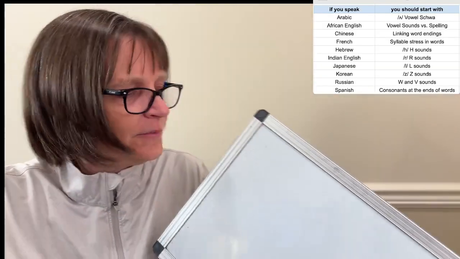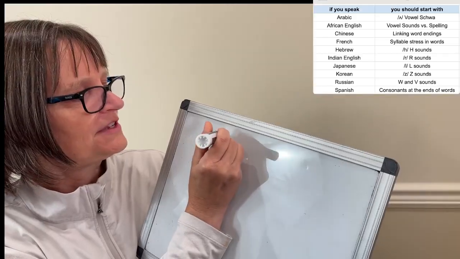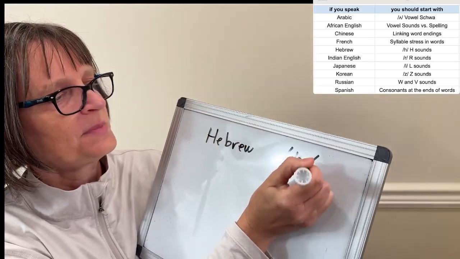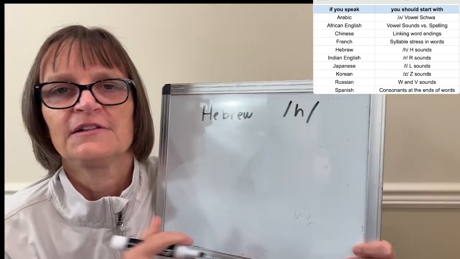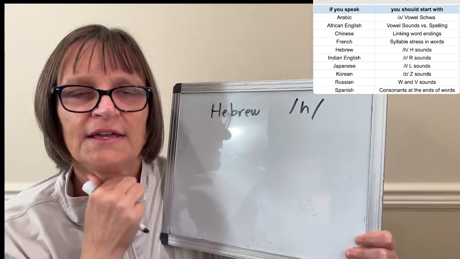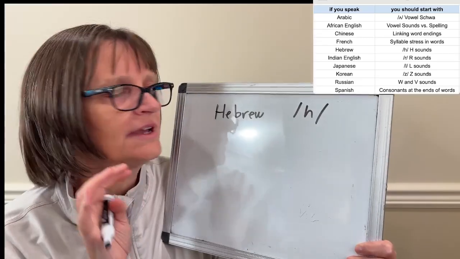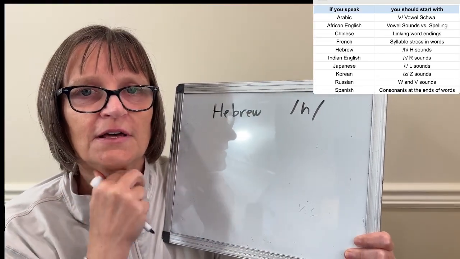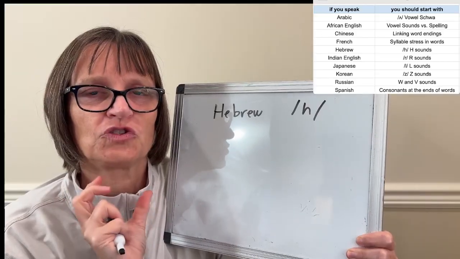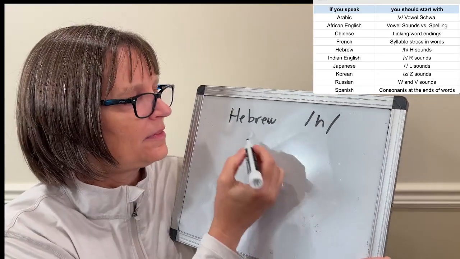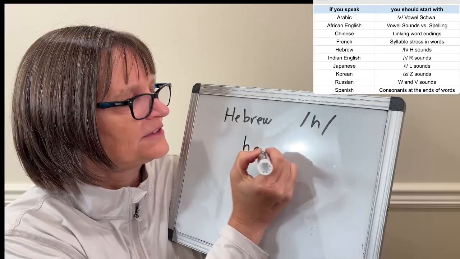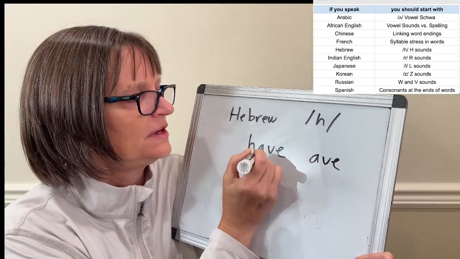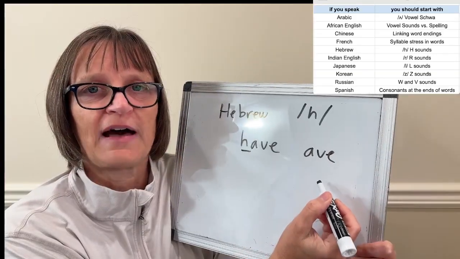Okay, and then when it comes to Hebrew, here's where I'll talk about the sound that the letter H makes. So in American English, the sound is a little bit constricted in the throat. It does have some noisy air, but it's not at all a strong sound. It's also important to recognize the difference between when the word starts with an H sound and when the word starts with a vowel.